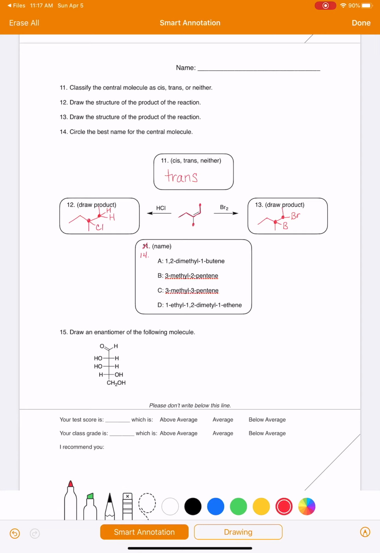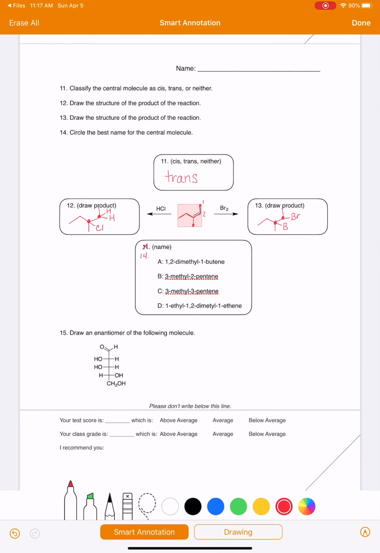Now we need to number it, starting at the end closest to the double bond. So that's going to be starting on the right side. Locate the position of our substituent. Our substituent's on carbon number 3, and the substituent's name is methyl. So we know we have a 3-methyl, which means we can get rid of option A and option D. Now we locate the position of the double bond.